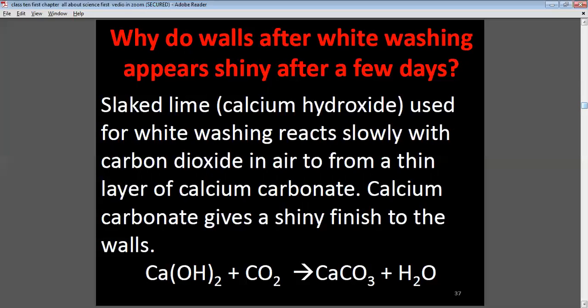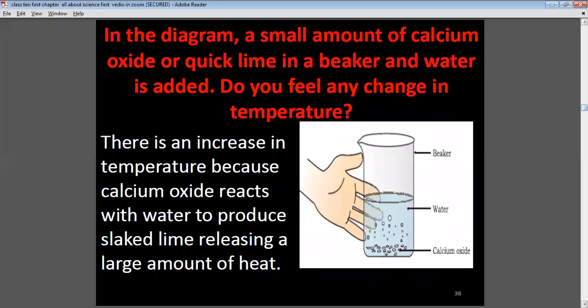The formula of calcium carbonate is CaCO3, and calcium hydroxide is Ca(OH)2. Slaked lime is also known as calcium hydroxide, and this calcium hydroxide reacts with carbon dioxide, forming calcium carbonate, CaCO3. It gives a shiny appearance on the wall.